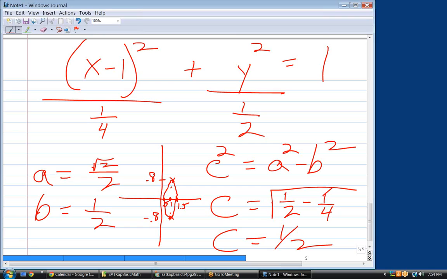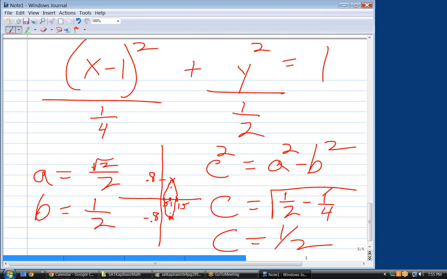So what are the coordinates of my foci? Okay, so they are going to be 1, no, 0. No, you were right. Wait, 1? The center of the ellipse is at 1, 0.